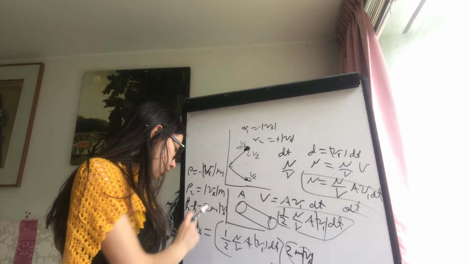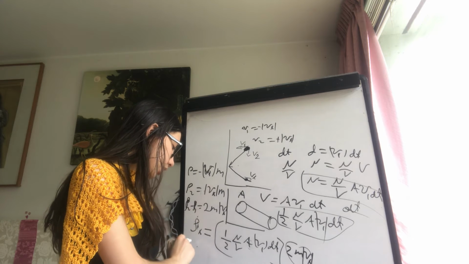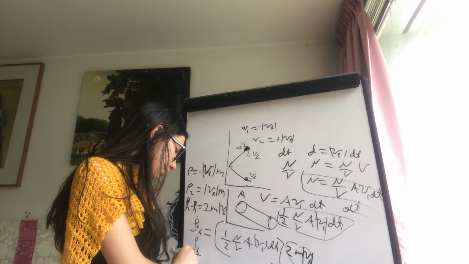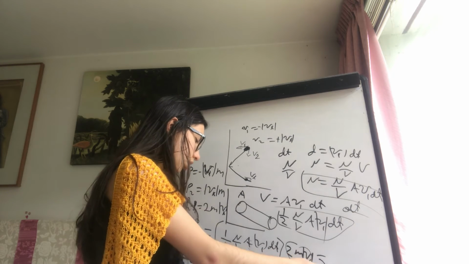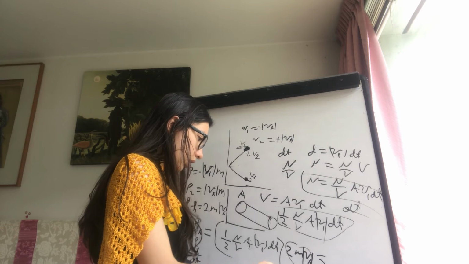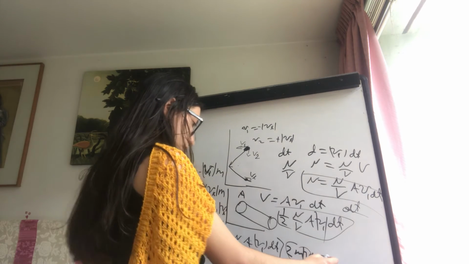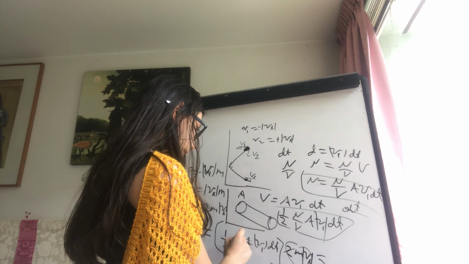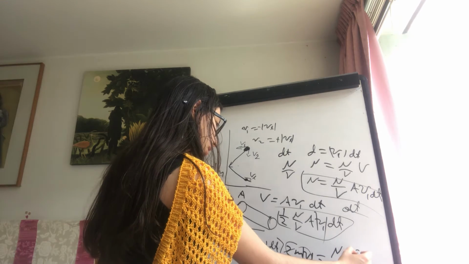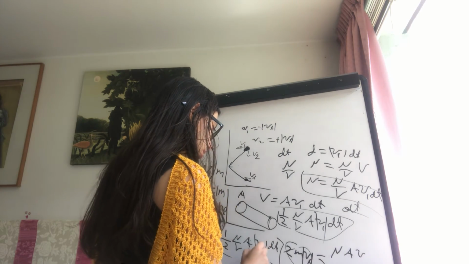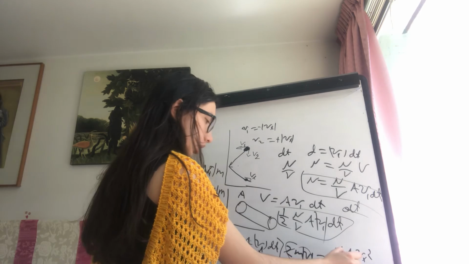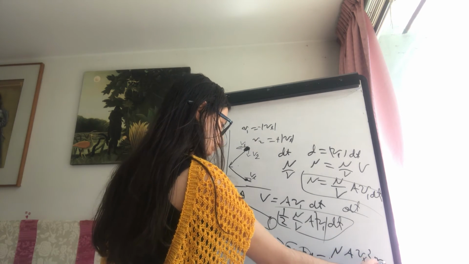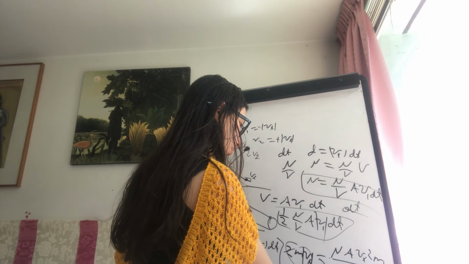Now the rate of change of the momentum, that is p_x divided by dt. First, let me operate this. Here we have 1/2 that cancels with this, so it is only the number of molecules times the area times the velocity squared. The absolute value of the velocity squared is the same as the square of the velocity, times the mass divided by the volume.